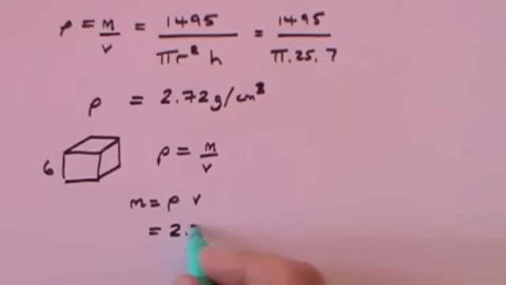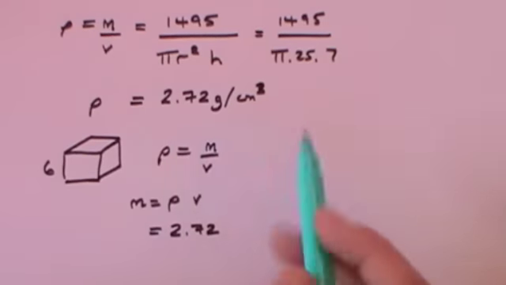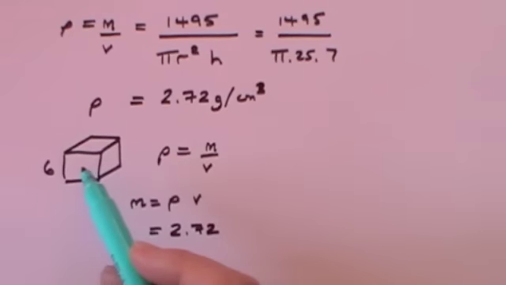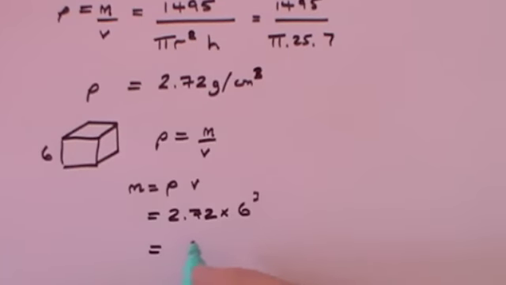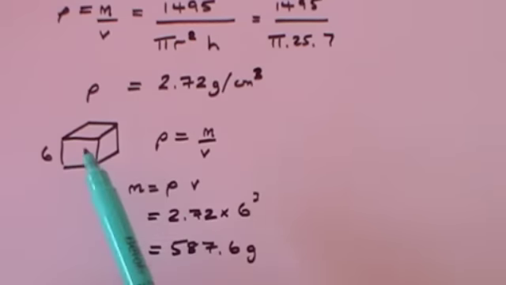Density we know is 2.72 because we just calculated it, and the volume is 6 times 6 times 6, it's 6 cubed. And again, if you multiply that out on your calculator, you should find that that comes to 587.6 grams, and that's the mass of a cube of aluminium of side 6 centimetres.